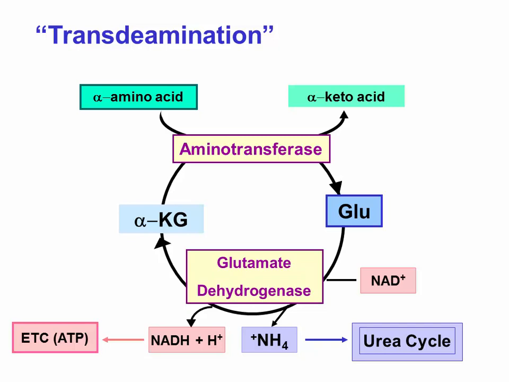Now we're going to talk a little bit about cellular compartments. Transaminases or aminotransferases are present in both the cytosol and the mitochondria. This is all happening, by the way, in the periportal hepatocytes. We haven't moved from that location. And glutamate dehydrogenase is a mitochondrial enzyme.